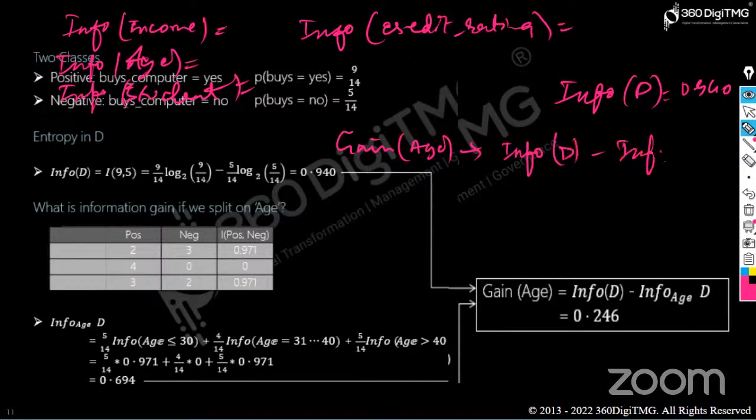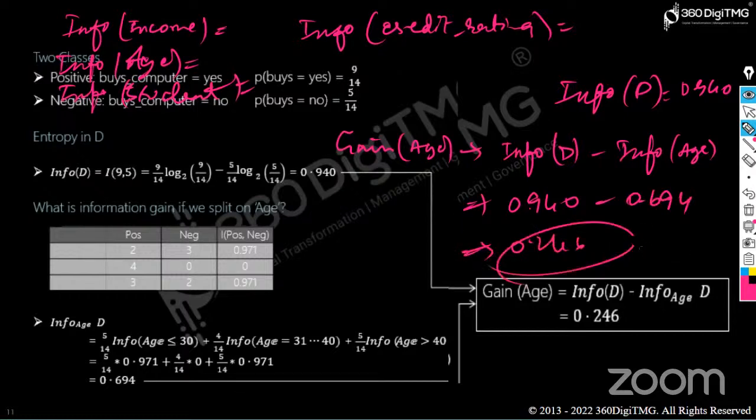So when I calculate the gain of particular column age, you'll be getting the information of overall dataset minus information of age. So what is overall? 0.940. What is age? You'll be getting something 0.694. You'll be getting 0.246. And see to that it is not increased beyond 1.